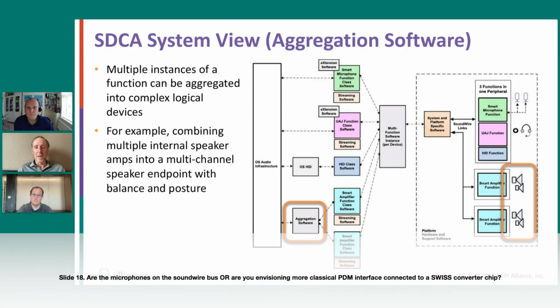There wouldn't necessarily be a codec. You wouldn't have PDM or analog interfaces anymore. You would just have a number of native SoundWire microphones. But up until now, we've been taking the PDM and converting it in a codec to the SoundWire interface for use in the system.